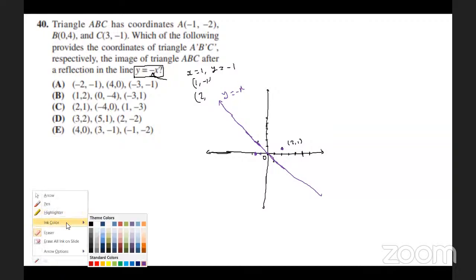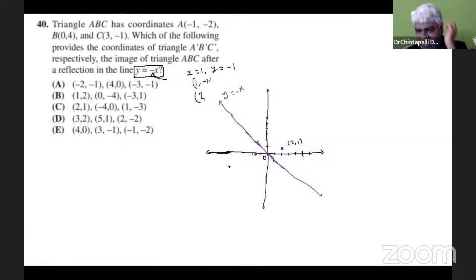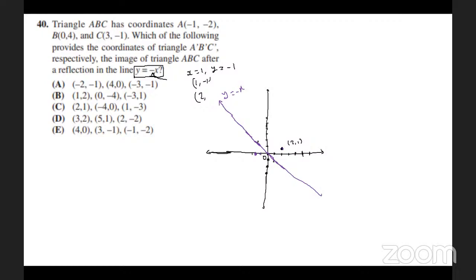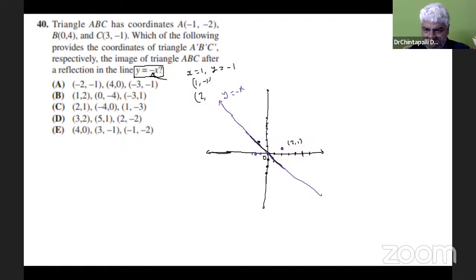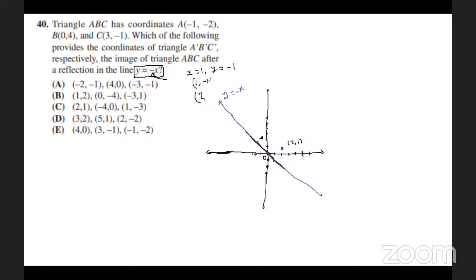-1, 2, sir. First of all, try to locate its point in the graph. Its image in this graph. This is the point, right? Yes, sir. Imagine this is a mirror. -1, 2 is here. Sorry, 1, -2, sir.